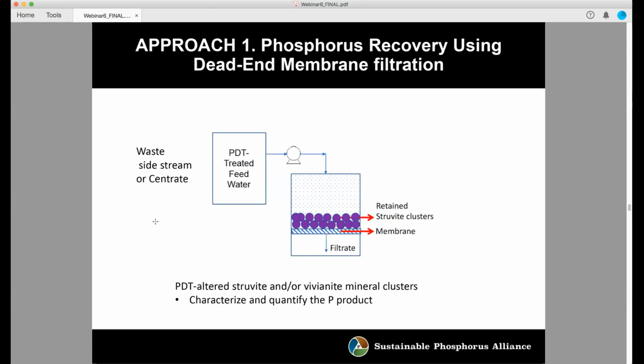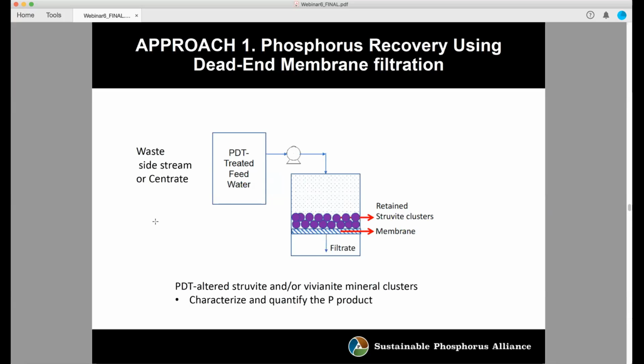So along those lines, we were interested to explore if this technology can transform soluble phosphorus into particulate phosphorus. There is no data available yet, but based on this project, we are going to treat the waste side streams at the wastewater treatment facility, and then recover this particulate phosphorus, and then we will use dead-end filtration.